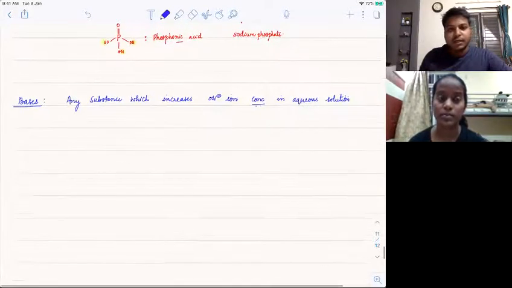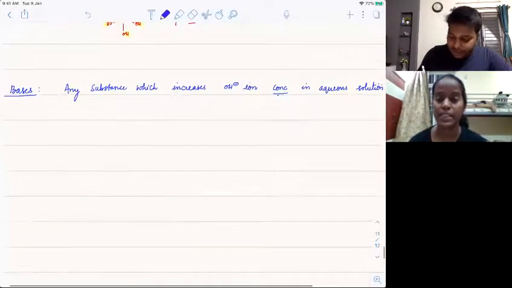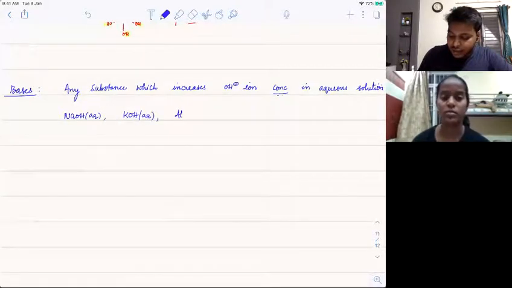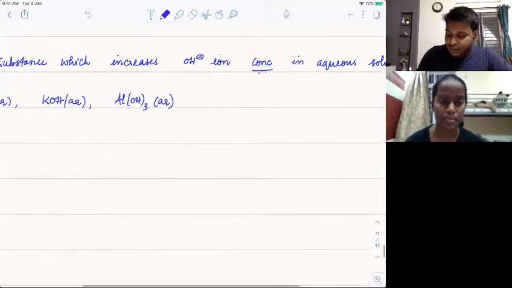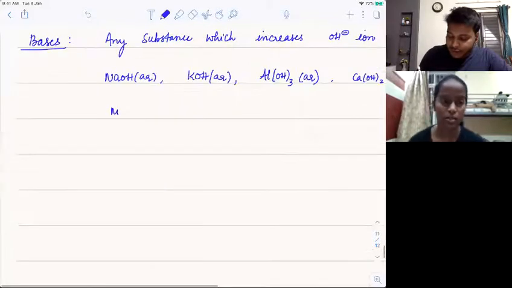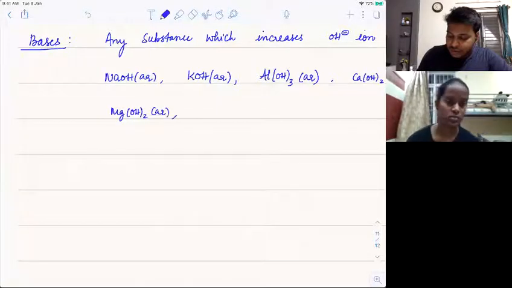For instance, a few examples: NaOH aqueous, KOH aqueous, Al(OH)3 aqueous, calcium hydroxide aqueous, Mg(OH)2 aqueous, barium hydroxide aqueous.